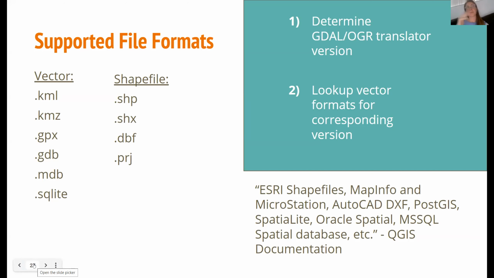You have a GDAL OGR that's downloaded when you download Q. All that does is automatically bring in the file, read it, and make it accessible to Q. If that translator isn't compatible with that file, then subsequently your Q isn't compatible with it. It's the running machinery for bringing in a file.